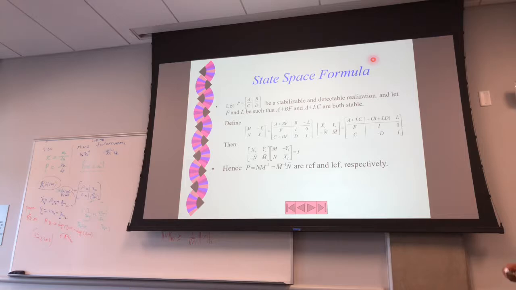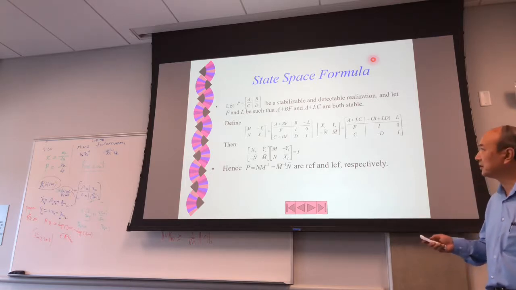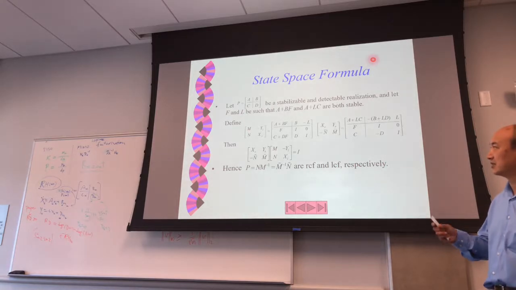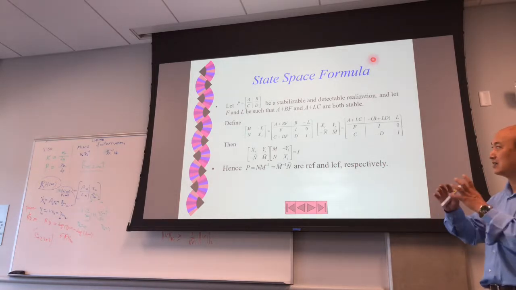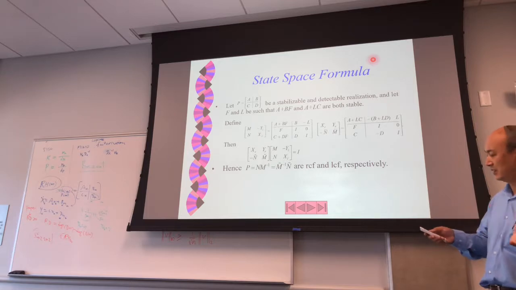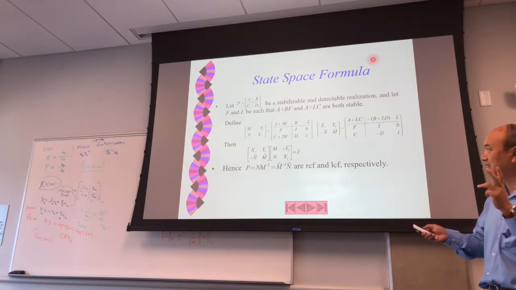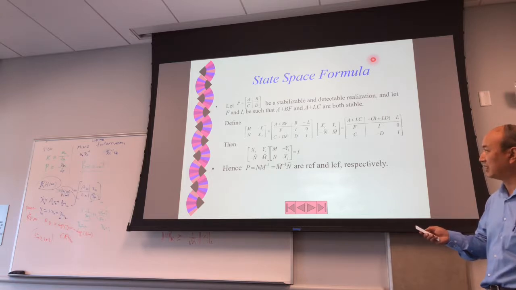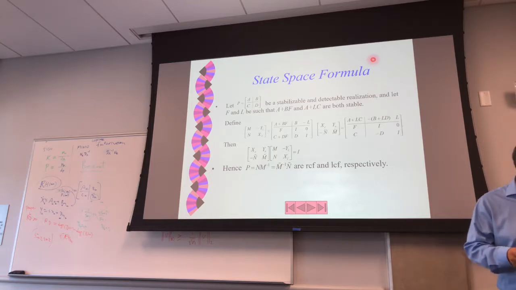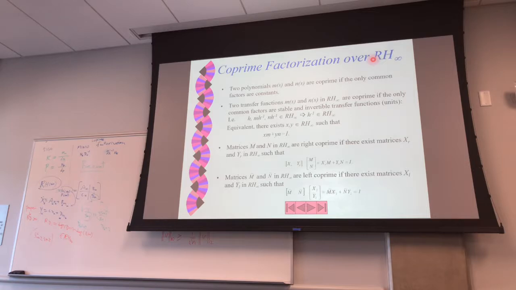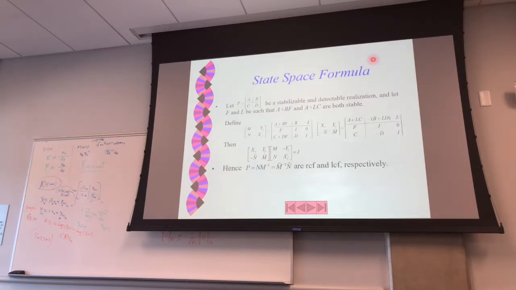So in this case, very interestingly, you want M to be a transfer function, and you stack it with YL and N. This is a right coprime factor, left coprime factorization. Let me go back a slide. This is a little bit unusual.